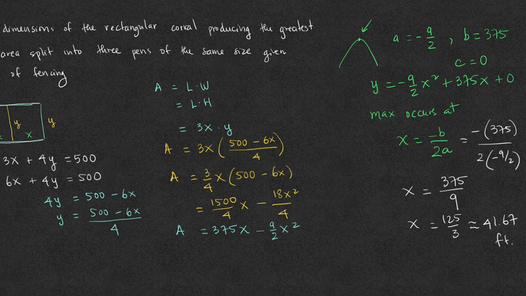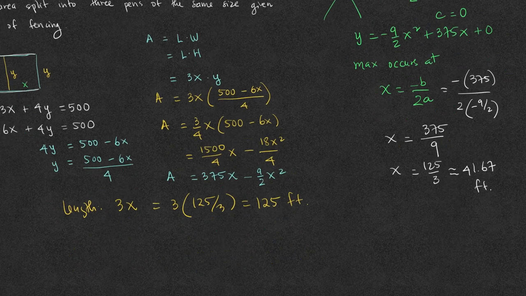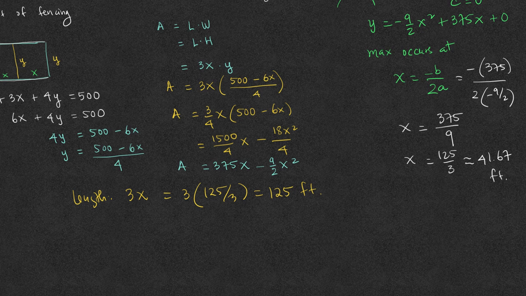And so for this rectangle, the length is not x. The length, remember, was 3x, and this is 3 times 125 over 3, which is 125. The unit is feet. To find the height, remember that we denote the height by y.